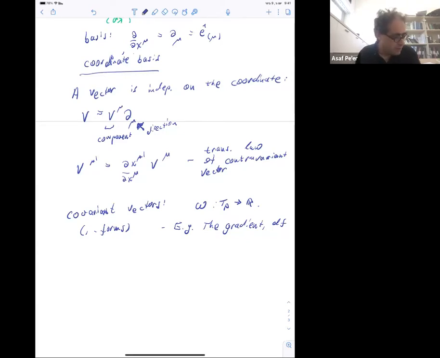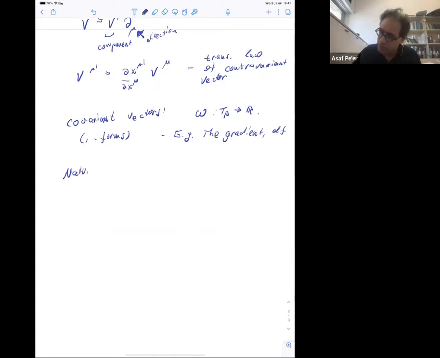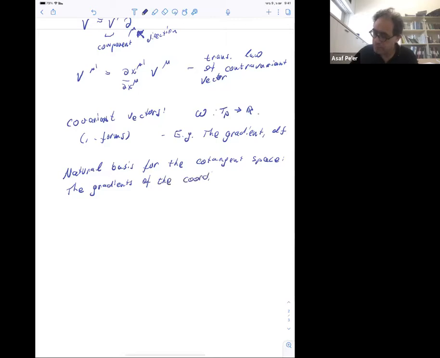Again, the gradient of the coordinate functions provides a natural basis for this cotangent space. The natural basis for the cotangent space is the gradient of the coordinate function x mu, right?